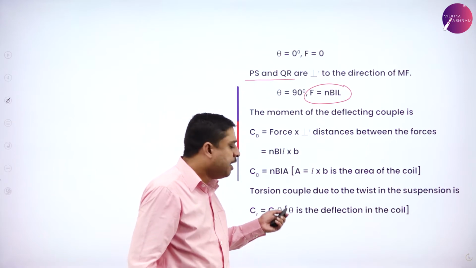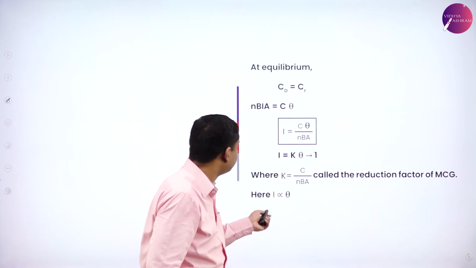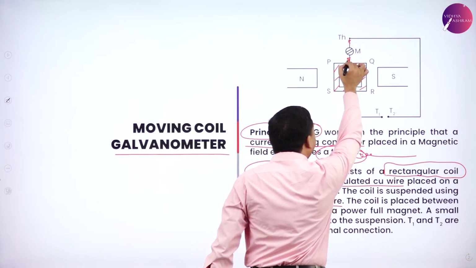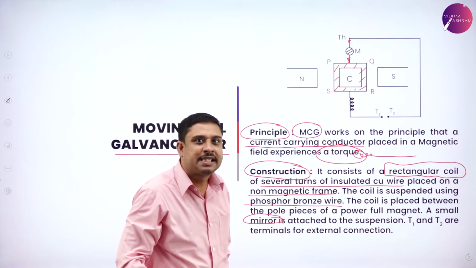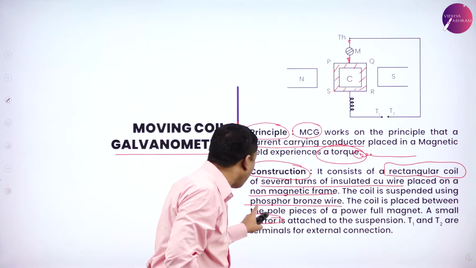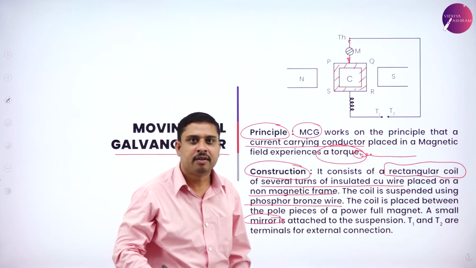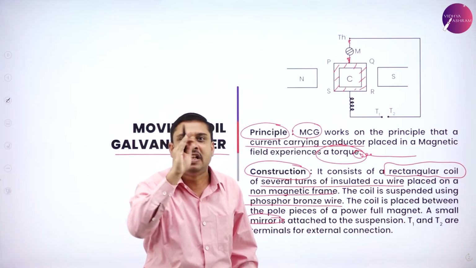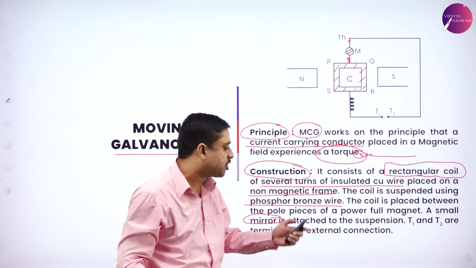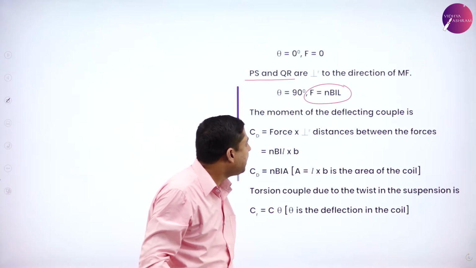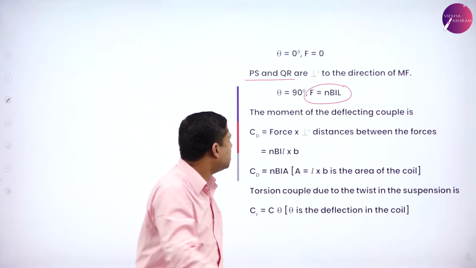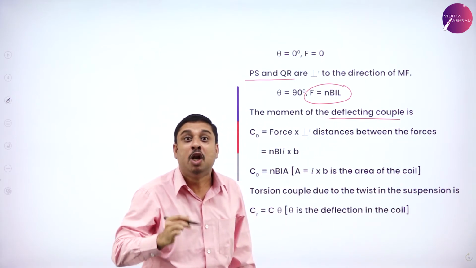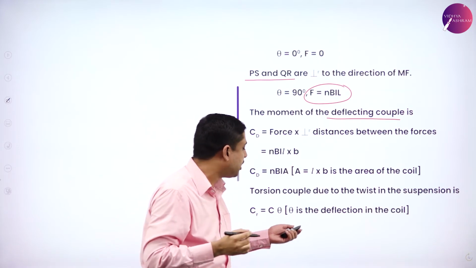Now, if you observe here, the rectangular coil is suspended by a wire. What was the material of the wire? Phosphor bronze wire. Because of that suspension, there will be some deflections, and that deflection is due to the deflecting couple, two equal and opposite forces.